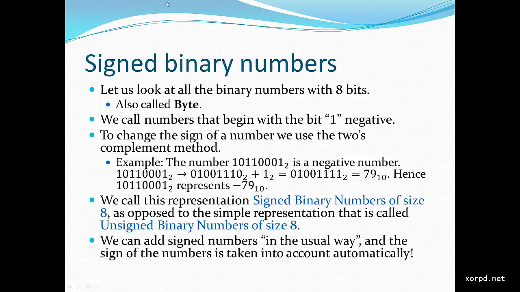When I say numbers that begin with the bit 1, I mean bit number 8. Usually it is going to be the first bit from the left, but you might encounter numbers which just have fewer bits. Maybe, for example, the number 110. The number 110 only has 3 digits, but you might think that it is negative because the leftmost digit is 1.